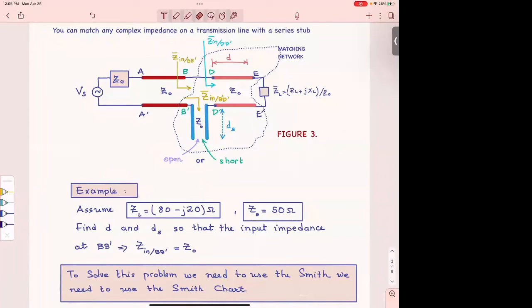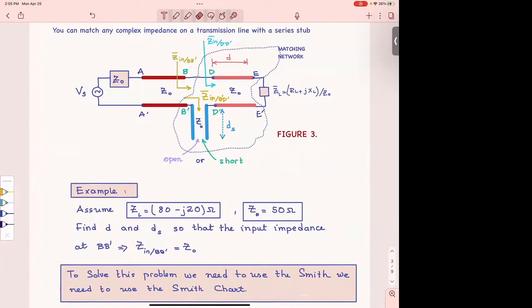Okay. So you know you have to use a section of a line. Also, now I give you the freedom to choose, both for the stub and the section of the line, the same characteristic impedance, which is enough. So what are we gonna do? Let's look at this one physically before we go to the Smith chart.